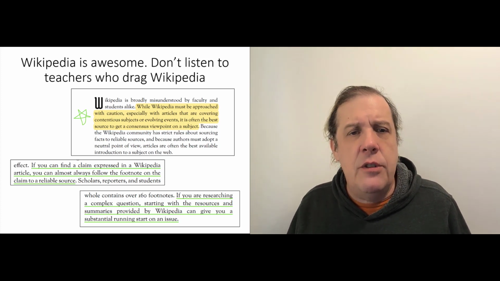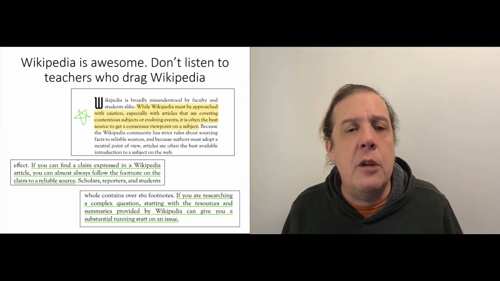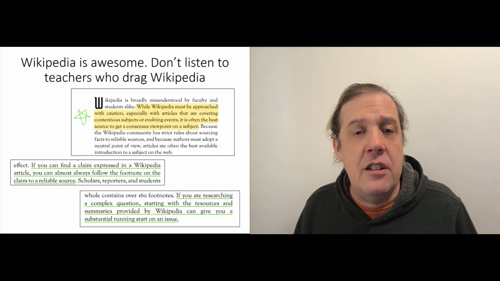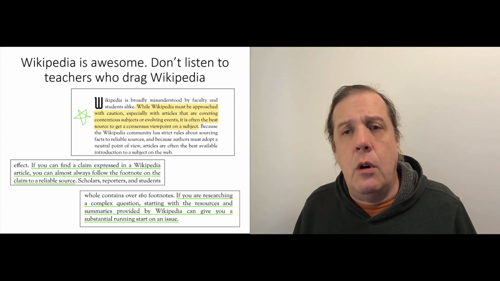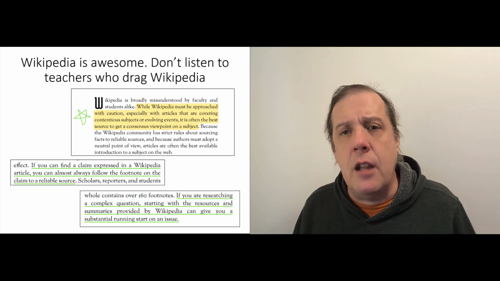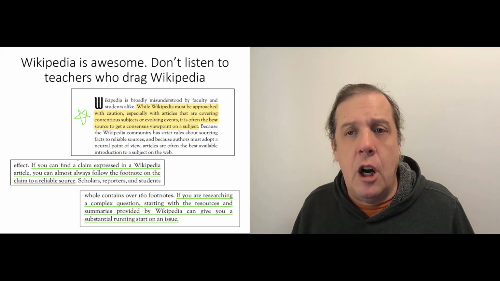So this is what Caulfield says about Wikipedia. While Wikipedia must be approached with caution, especially with articles that are covering contentious subjects or evolving events, it is often the best source to get a consensus viewpoint on a subject, right? So Wikipedia can give you sort of the baseline common sense for most issues, right?